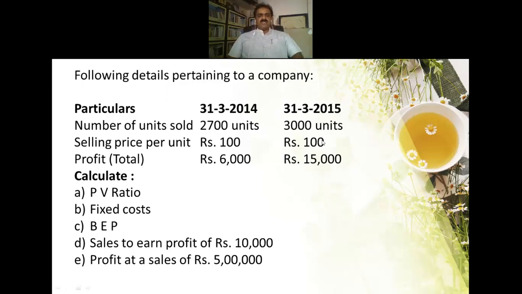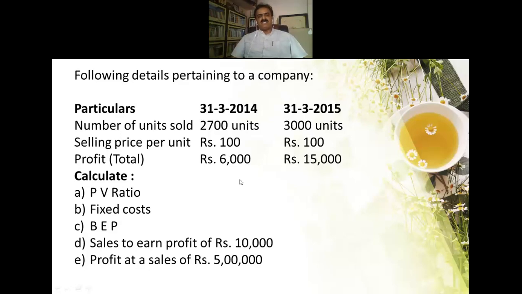The sales during the last year was 2,70,000 and in the current year it is 3 lakh rupees. Therefore, there is a difference of 30,000. That difference is positive, that is to say an increase in sales to the tune of 30,000, and in the case of profit also, there is an increase of 9,000 rupees, from 6,000 to 15,000.